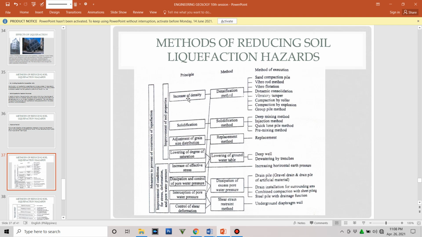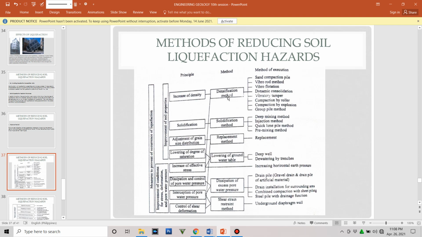So by principle, if we need to increase the density, ang method dyan is densification method. So there are a lot of methods of execution. We have sand compaction pile, vibro rod method, vibro flotation, dynamic consolidation, vibratory tamper, compaction by roller, compaction by explosion, group pile method.